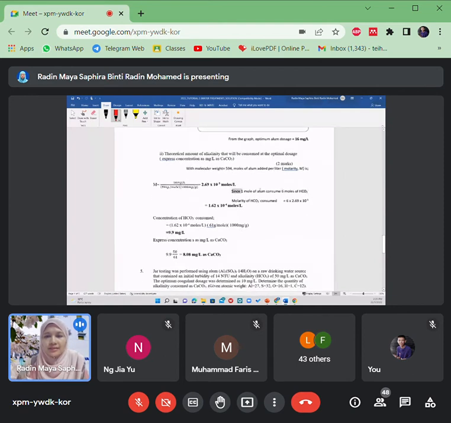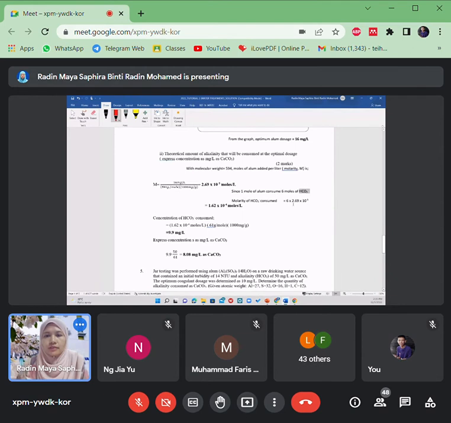You can refer to the slide, which is from the reaction, which means 1 mole of alum will consume 6 moles of alkalinity. So the molarity of the alkalinity consumed is multiplied by 6 moles.